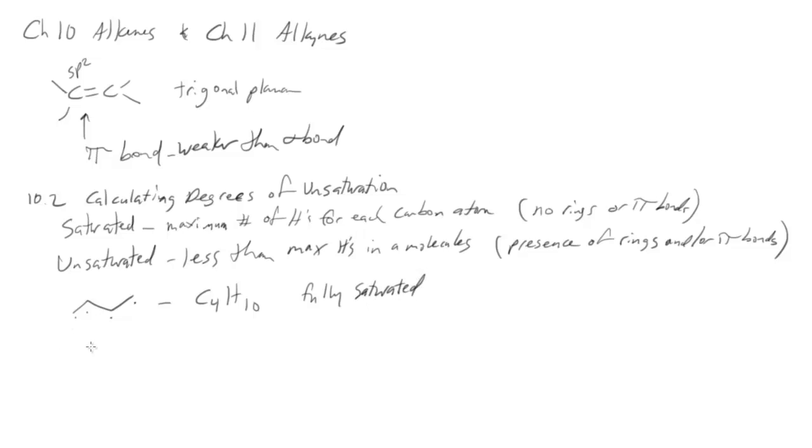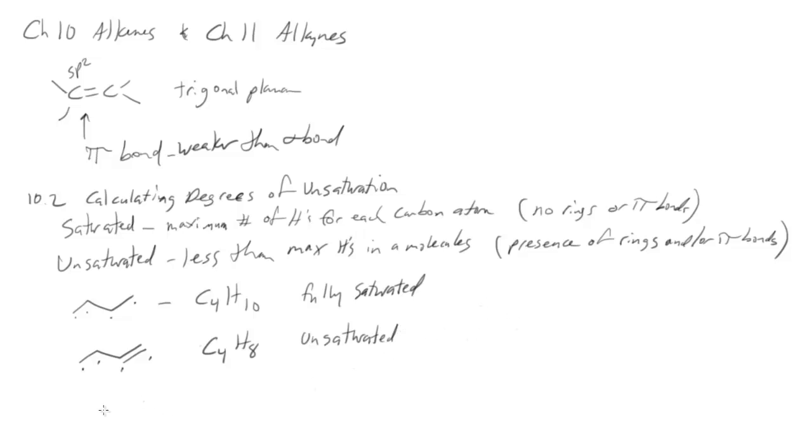You can see there's no rings or pi bonds. Let's see what happens to the formula if I put a pi bond in. So now I still have C4, but now I only have 3 hydrogens here, 2, 1, and 2, 3, 4, 5, 6, 7, 8. C4H8. This is unsaturated.